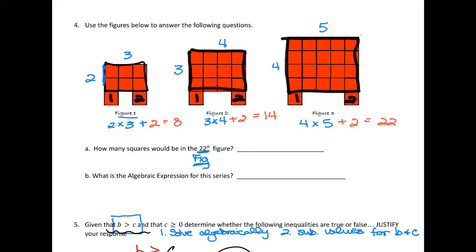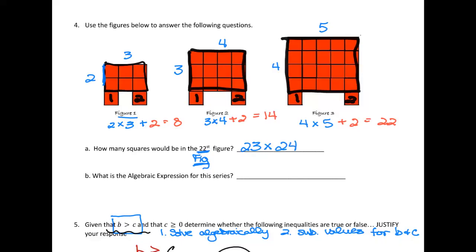So you had figure 1, which was a 2 by 3. Figure 2, 3 by 4. Figure 3, 4 by 5. So figure 22, the next one would be? 23 by 24. Yes.